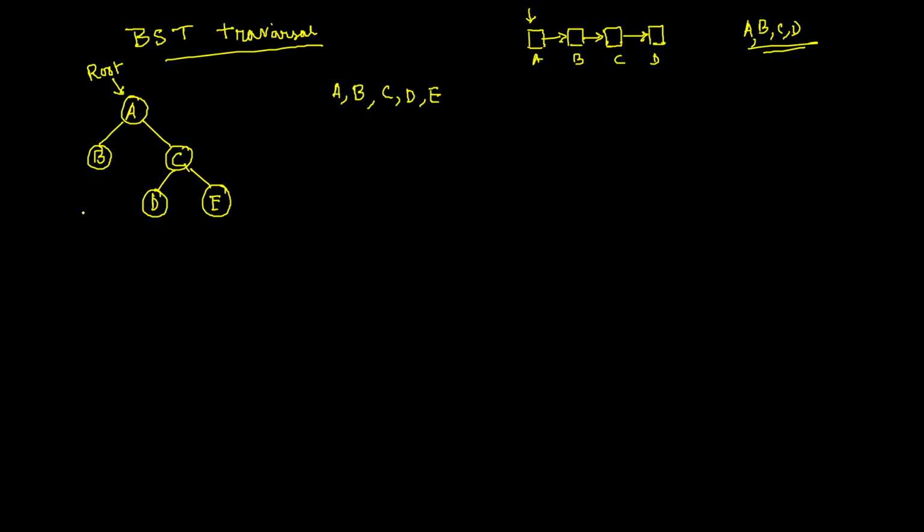There are three types of traversal possible in a binary search tree. The first one we call preorder traversal. The second one we call inorder, and the third one we call postorder.